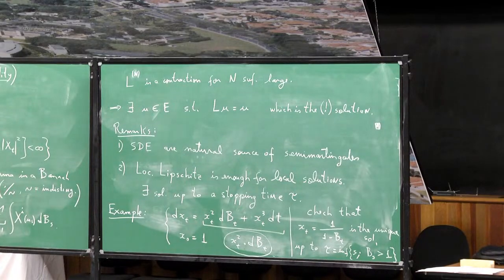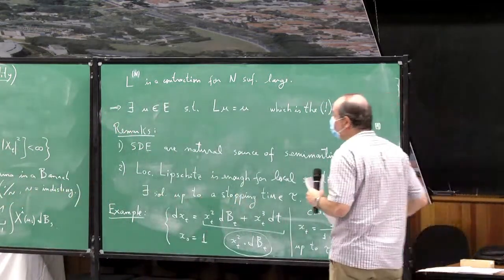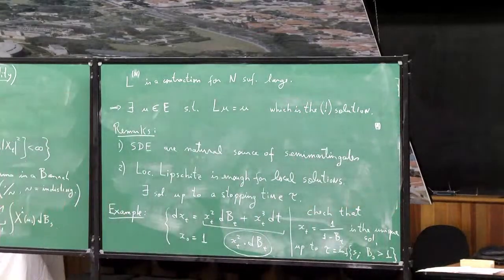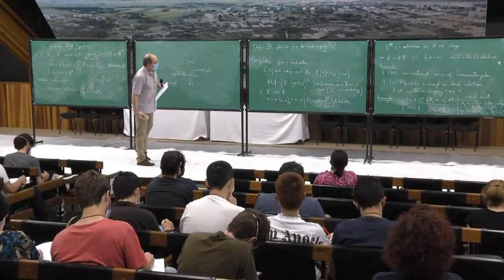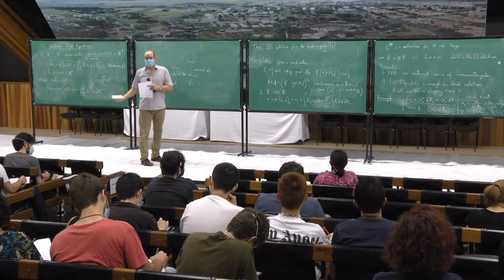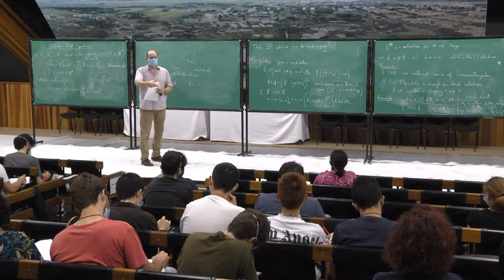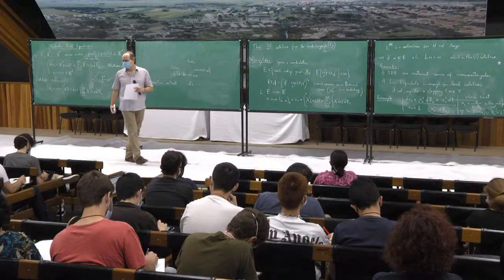So let's talk about this conversion between Ito and Stratonovich equations. It's quite useful. You have here a toy example: if it's difficult to solve in one sense, you try in the other sense, get the solution there, and then put it back.